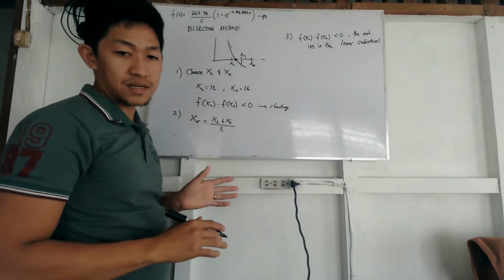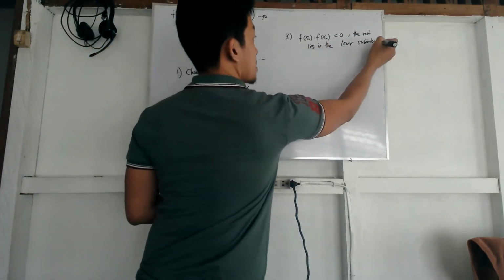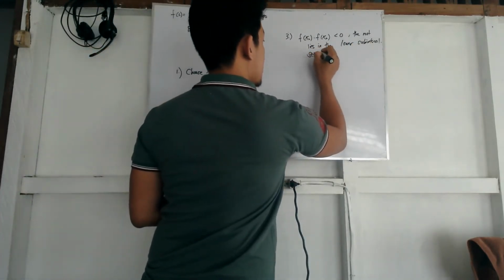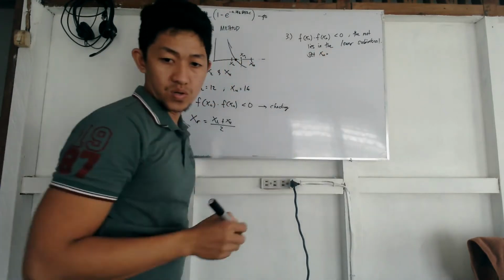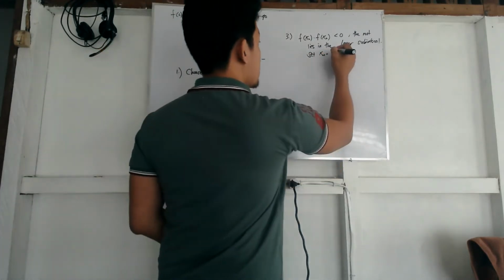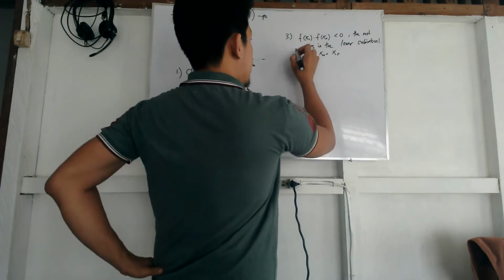So for the lower subinterval, set XU equal to XR.